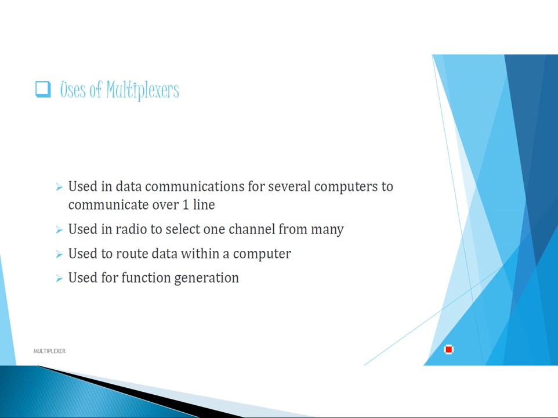Mainly multiplexers are used in data communications for several computers to communicate over a single line, used in radio to select one channel from many, used to route data within a computer, and used in function generators just to select a particular range of frequencies and particular waveforms. So these are the applications of multiplexers.